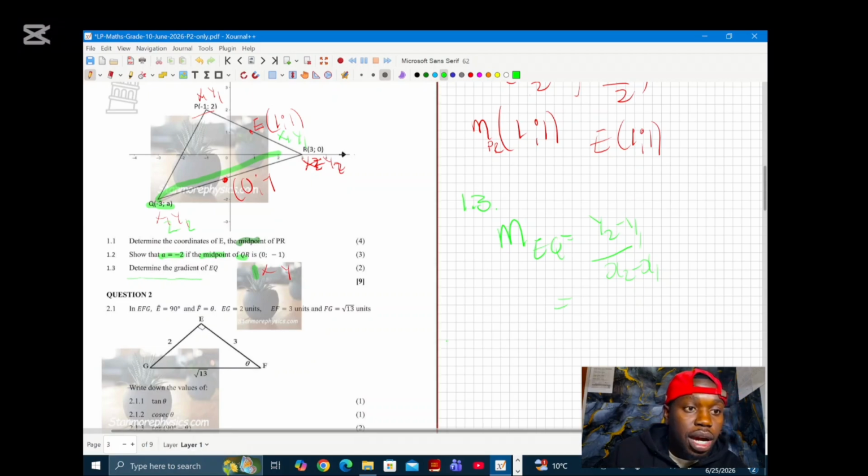So our y2 is going to be -2 minus y1, which is 1. And then x2 is going to be -3 minus 1. When you do this, it gives you -3 over -4, which is going to give you 3 over 4. And then you got your gradient. So guys, let's meet on the next question as we tackle question 2.